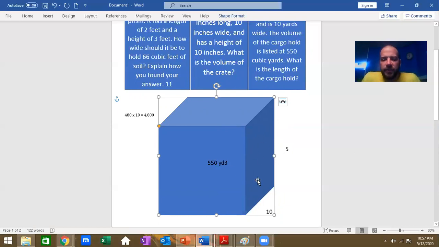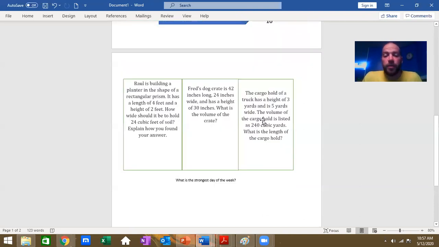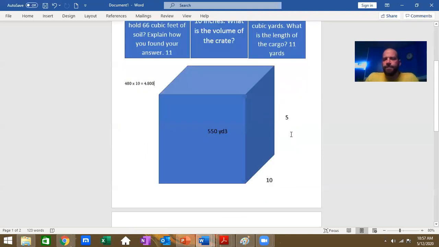Well, 50 times 10 is 500. So once again, our answer is 11. And that's just one measurement. What is the length of the cargo hold? I think it's just saying what's the length of the cargo. Weird.